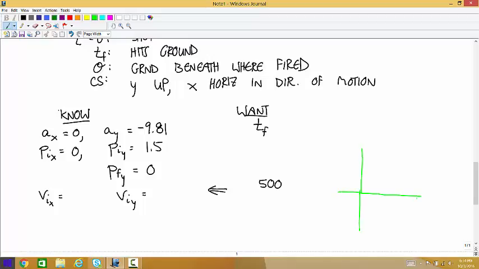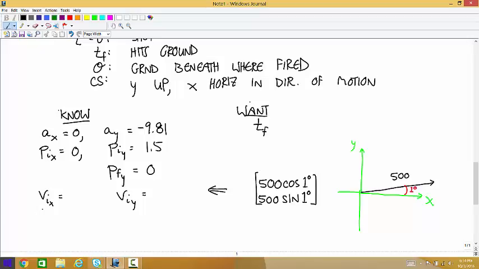So I'll draw the coordinate system like this. The initial velocity vector looks like this with a length of 500, and this angle is 1 degree. So this initial velocity vector is 500 times the cosine of 1 degree, 500 times the sine of 1 degree.